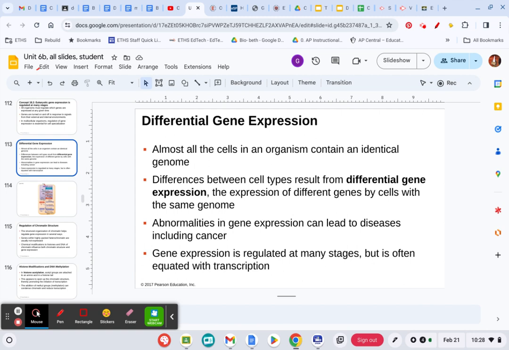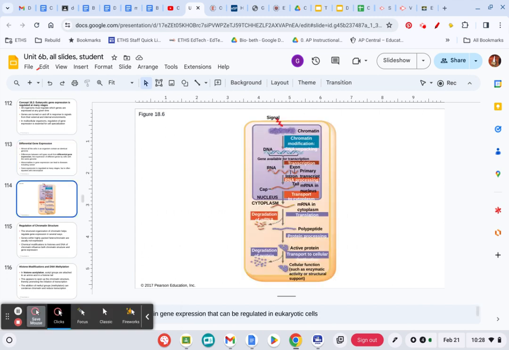We often talk about gene expression as transcription. So if you can control transcription, you control gene expression. But the matter of fact is that there's actually lots of different places that it can be controlled, and this is a diagram from your textbook.